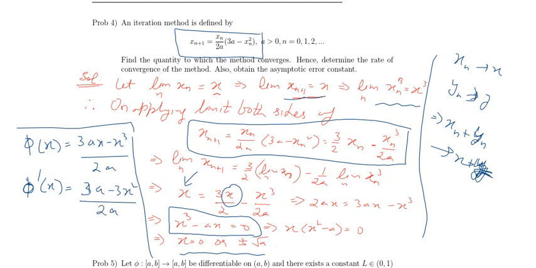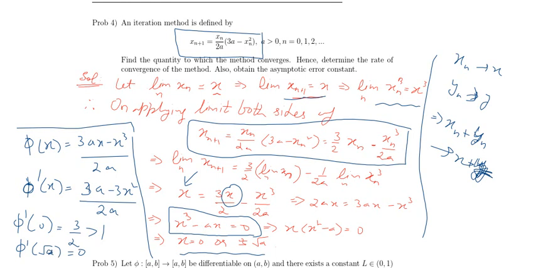Now if you look at phi dash of 0, it is 3a by 2a, so that is 3 by 2, which is greater than 1. And if you look at phi dash of root a, that is 0.